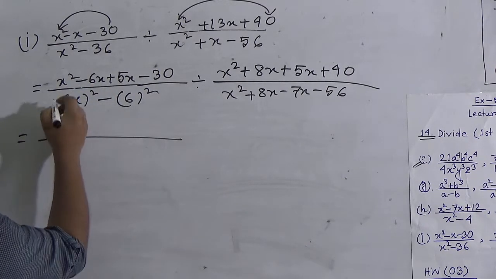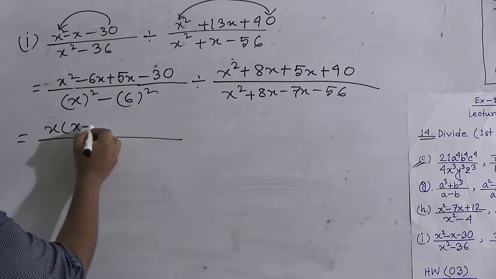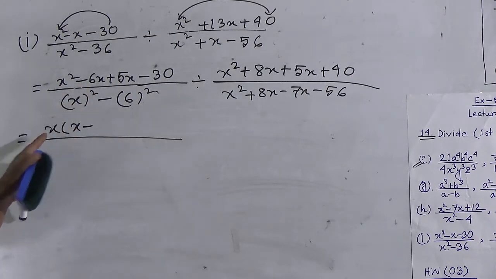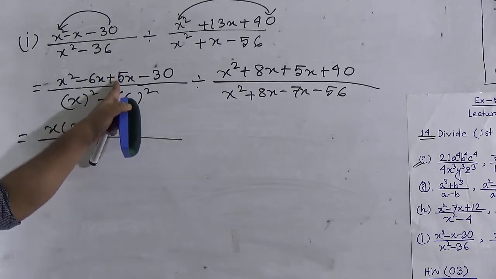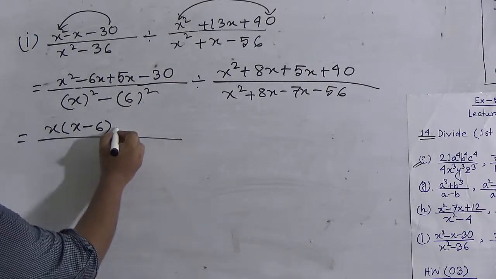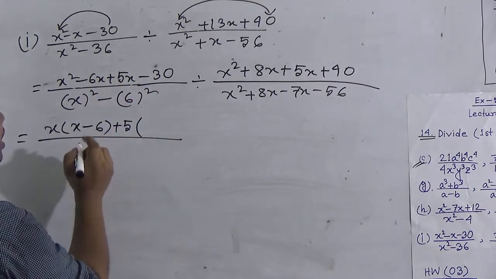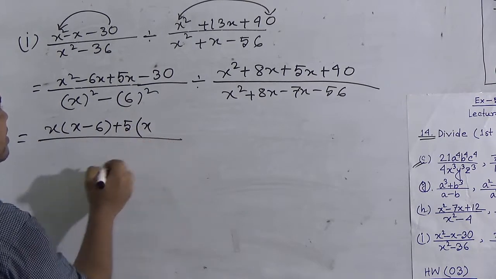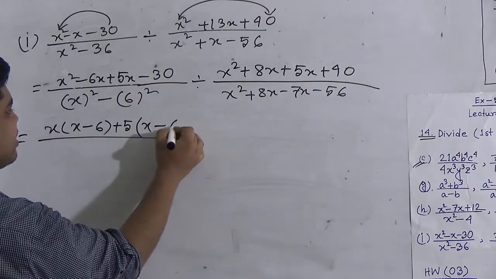Take x common and what is left: if we divide x square by x, we get x, and if we divide 8x by x, we get plus 8. From the next two, 5x plus 40, we take 5 common. If we divide 5x by 5 we get x, and if we divide 40 by 5 we get 8.